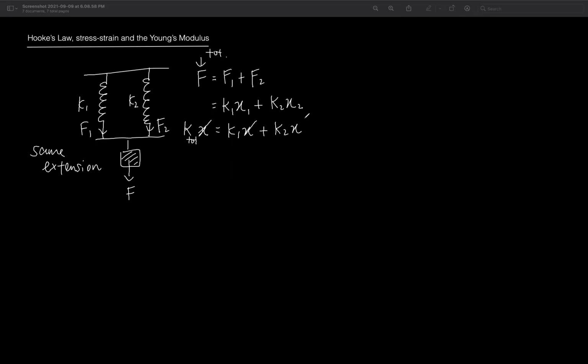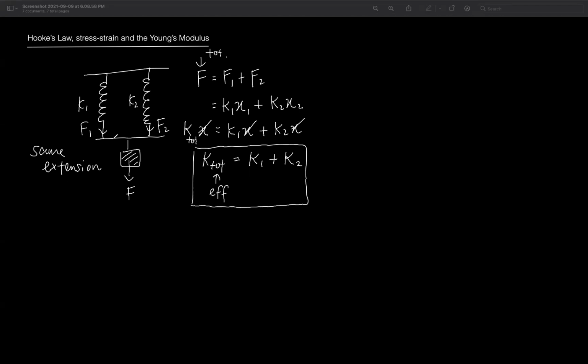Just cut off this. I have K total equals K1 plus K2. K total means K effective. So the effective spring constant is equal to K1 plus K2. Effective, like combined, the combined effect of this system.